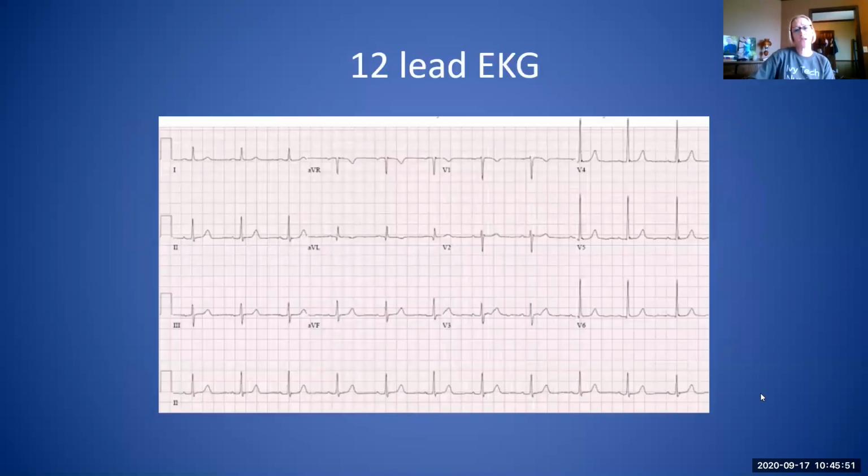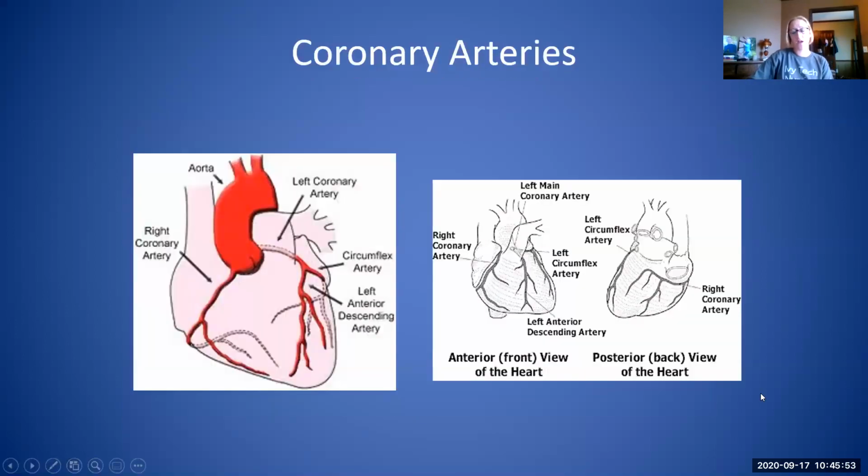So when we look at the different areas of the heart, we need to look at the coronary arteries that are supplying that part of the heart. So when you look right here, you have your right coronary artery. Your right coronary artery starts off right in this area. What is being supplied right here by our right coronary artery?